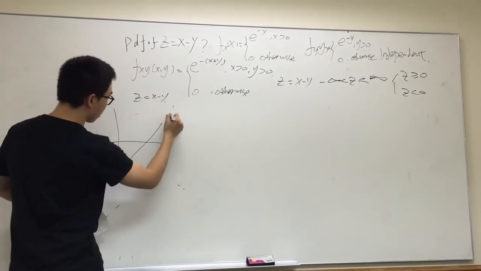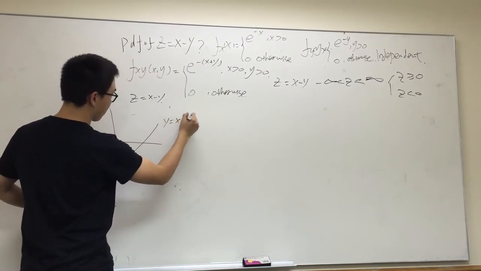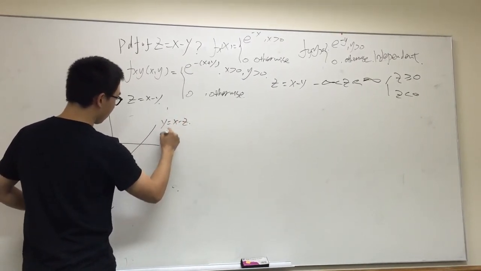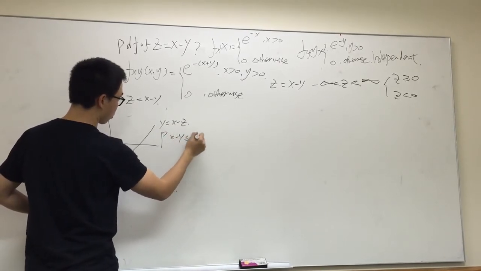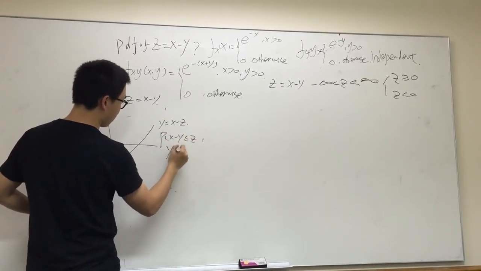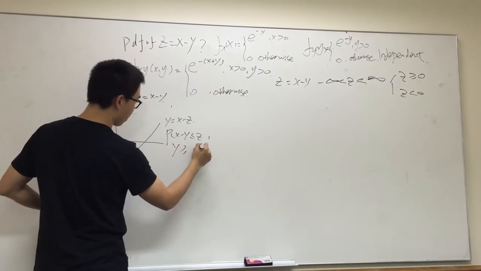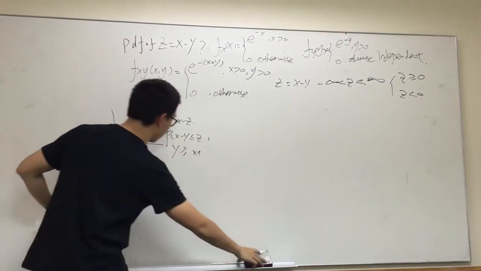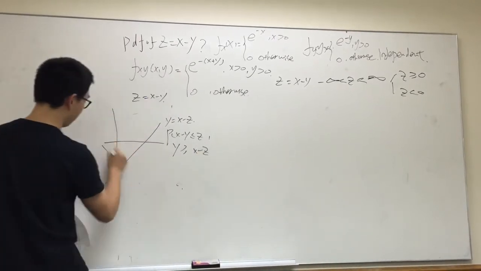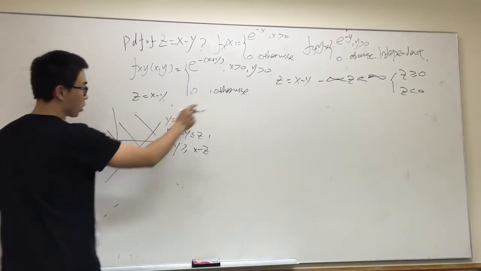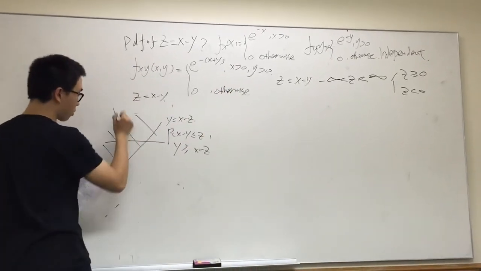and this line is y equals x minus z. Because we want the probability of X minus Y less than or equal to z, Y must be greater than x minus z. So this is the shaded area, and we know that X and Y must be greater than 0.